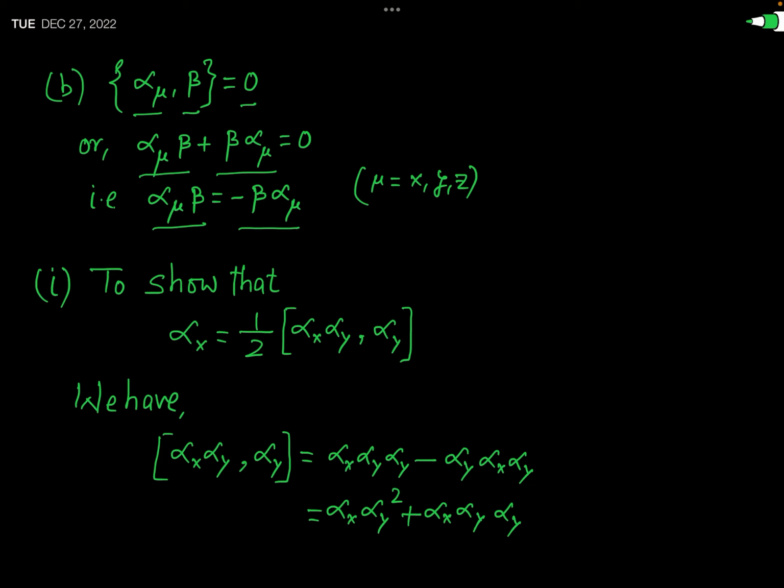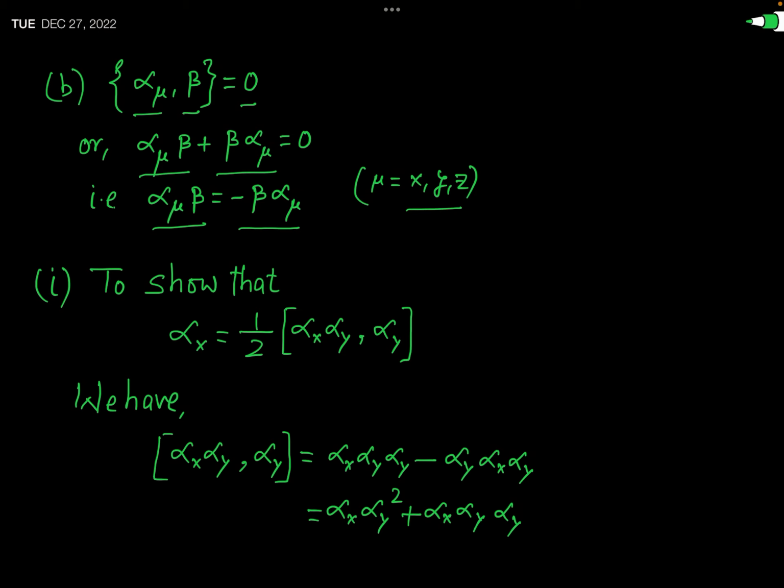Here mu also stands for x, y, z. Apart from these two properties, the meaning of alpha x, alpha y, alpha z will also be used in this problem. Now let us start to solve the different parts of this problem.